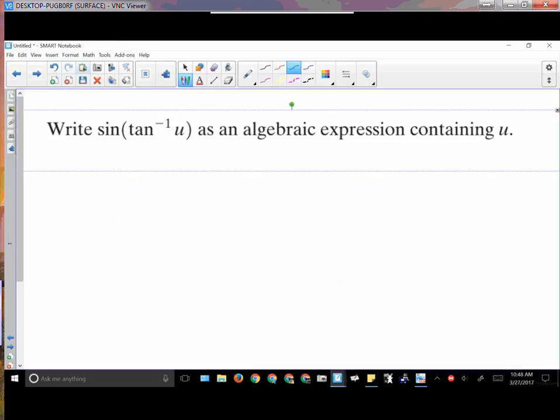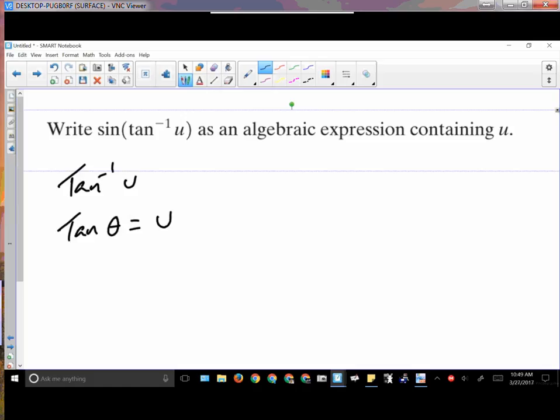I want to write that as an algebraic expression containing u. So we're going to start the same way we did before. I've got tangent inverse of u, which means that the tangent of theta is equal to u.